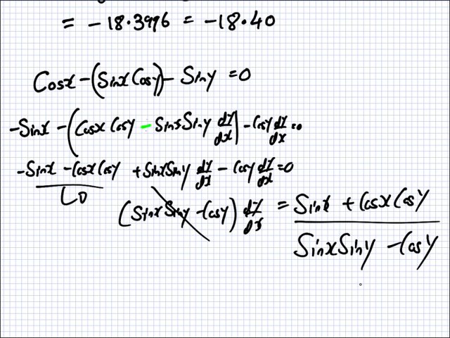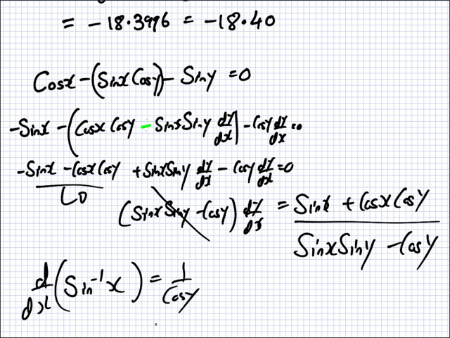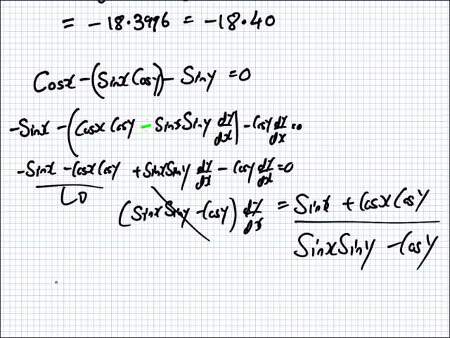The difference is the question was what's the derivative of sine inverse x. I gave no reference to y. You couldn't really say 1 over cos y because there wasn't a y to begin with. We just put the y in to give us some guidance.